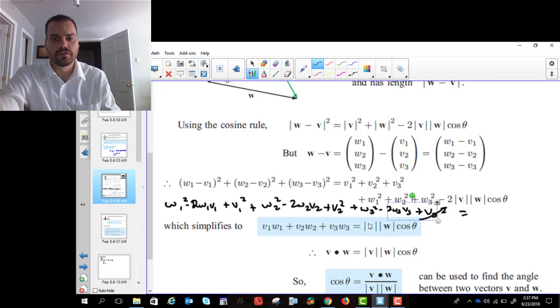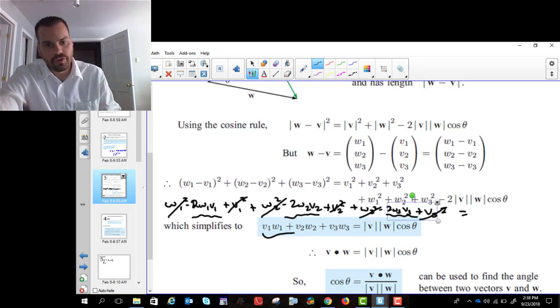So V3 squared cancels, W3 squared cancels, V2 squared cancels, they cancel. These guys cancel, okay? And then you notice that each of these terms that are left all have a minus 2 in them at the front. So if you divide out the minus 2, that's how they get to here.